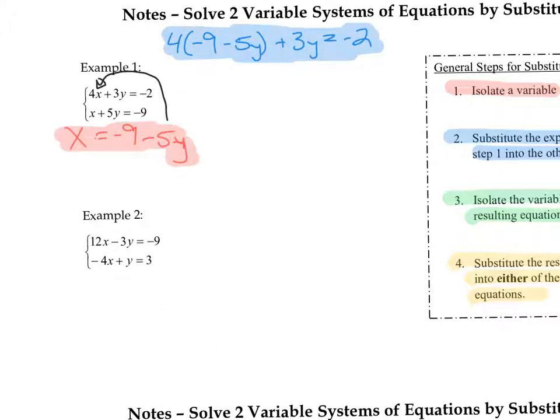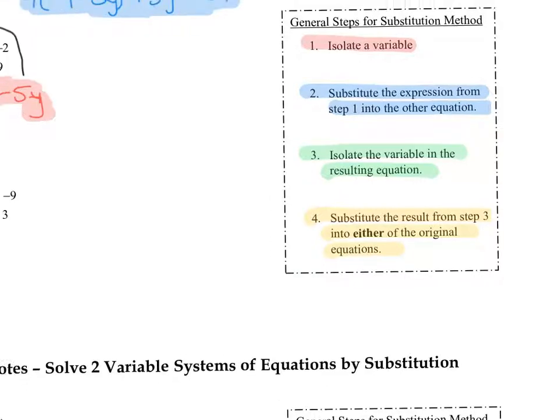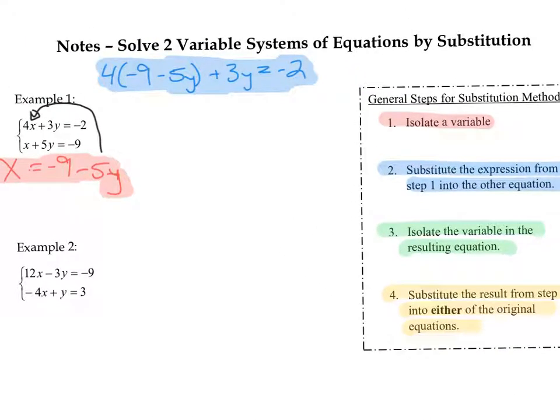Okay, perfect. Now, the green step goes on to say that we need to isolate the variable in the resulting equation. So this is the resulting equation, but we need to isolate y. So going back to this right here, we have to distribute this in. 4 times negative 9 is negative 36. 4 times negative 5 is negative 20y.